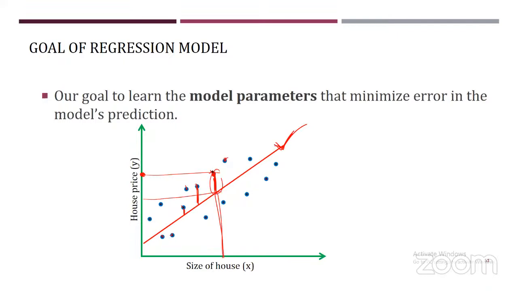So this much is the error of your model. So our objective is to minimize this gap. Only then can I say the line which I have drawn is the representative of my instances.